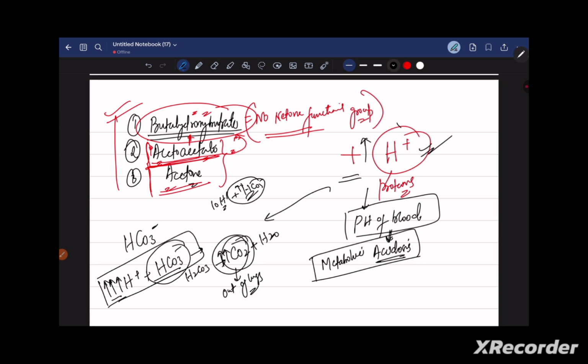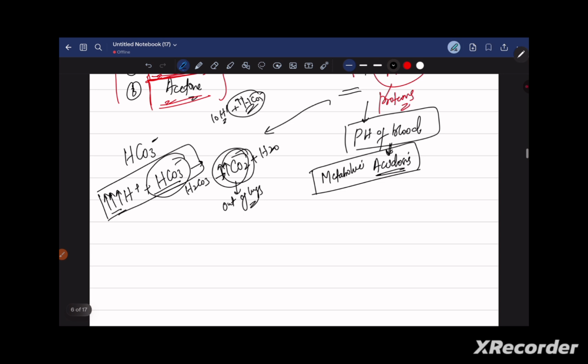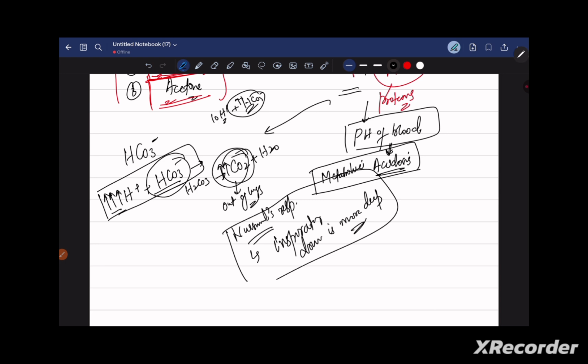So in diabetic ketoacidosis, you will see a typical type of respiration known as Kussmaul's respiration. What is Kussmaul's respiration? You will see the inspiratory drive is more deep. This is typical in diabetic ketoacidosis.